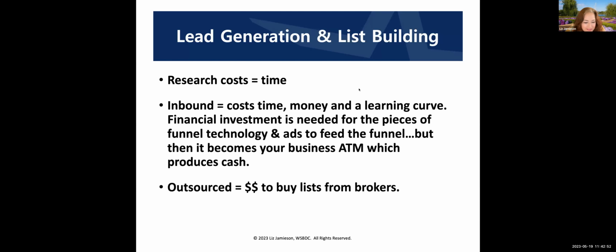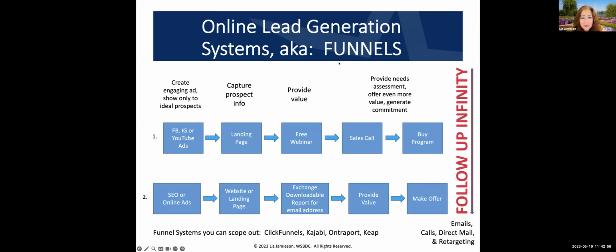So hopefully this all is just getting you thinking here. So we were talking about online marketing funnels, right? So I want to give you some examples here. So when we say online marketing funnel, we might mean one of these two possible sequences.